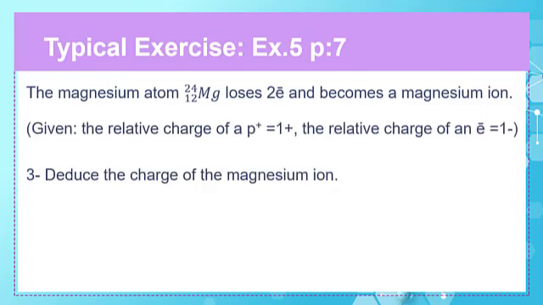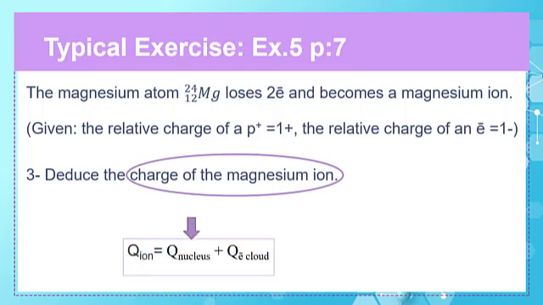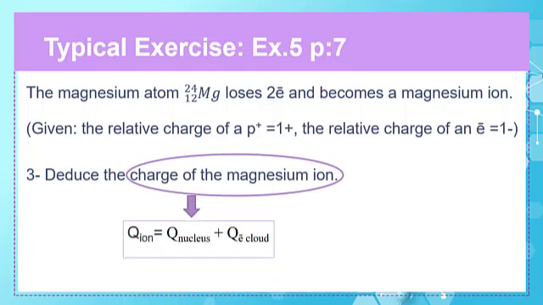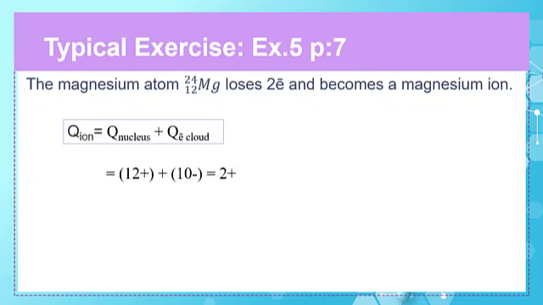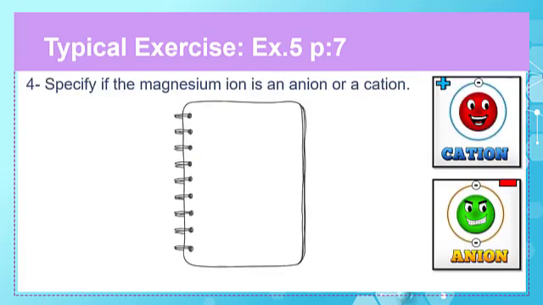Number 3. Deduce the charge of the magnesium ion. The charge of the magnesium ion, as a rule, is equal to the charge of the nucleus plus the charge of the electronic cloud. Both of these terms were calculated before, so the answer will be 12 plus 10 minus equal 2 plus. Number 4.